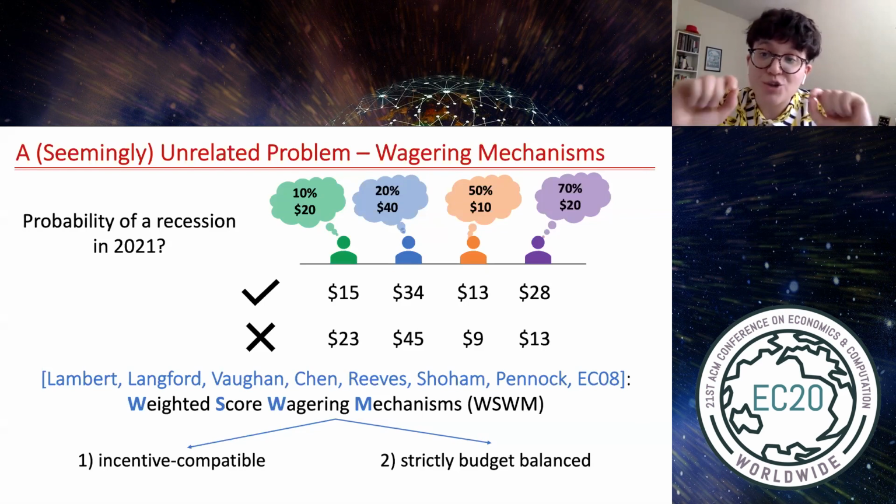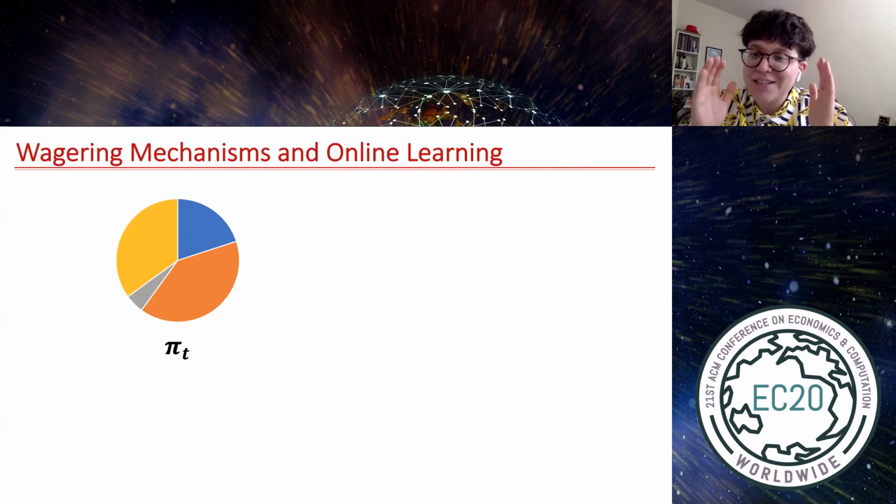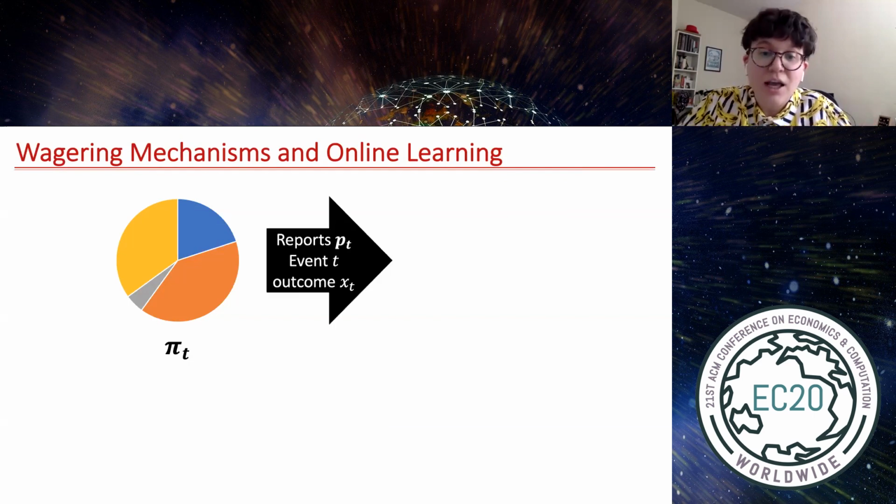And here's why these two properties are super important. I'll try to actually explain to you the whole paradigm of online learning as a wagering mechanism. So in standard online learning, you maintain a probability distribution over your experts or forecasters or agents, you call them however you want. Then you collect the reports and you observe the outcome realization.